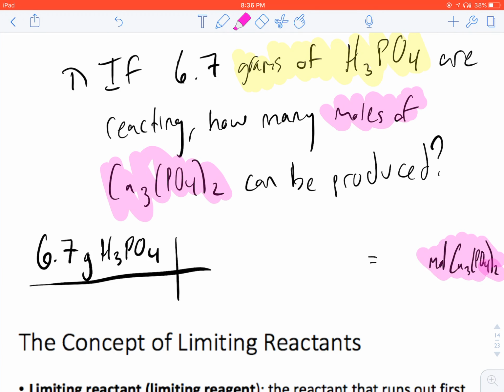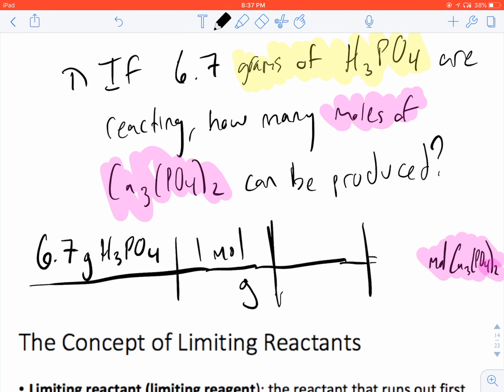So, in order to do this problem, we would have to convert grams to moles. Remember, it's always important that we convert our given information into moles, so we can use the mole ratios. I do not know the molar mass of phosphoric acid by heart, but I do know, since we're converting from grams to moles, we need to divide by the molar mass.